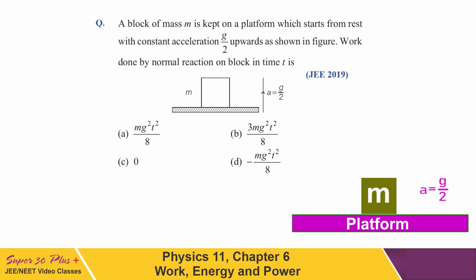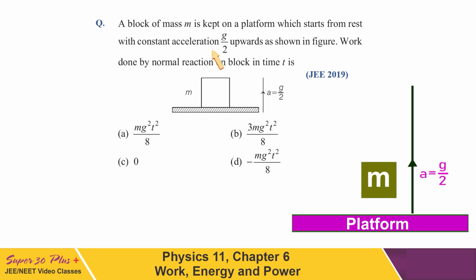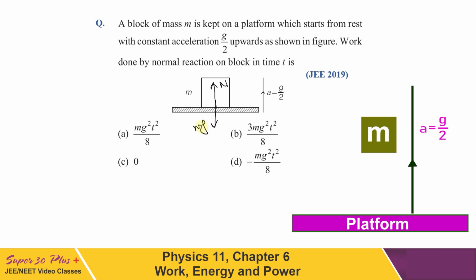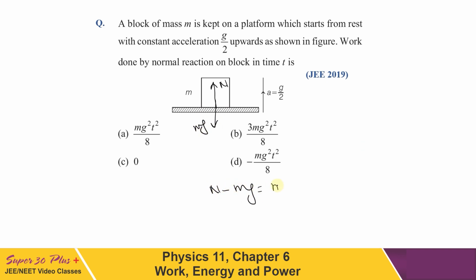The next question, a block of mass m is kept on a platform which starts from rest with constant acceleration g/2 upward. Work done by normal reaction on block in time t is. First let us calculate what is the normal reaction. The forces acting on this block are normal and mg, so we can write N minus mg equal to ma.